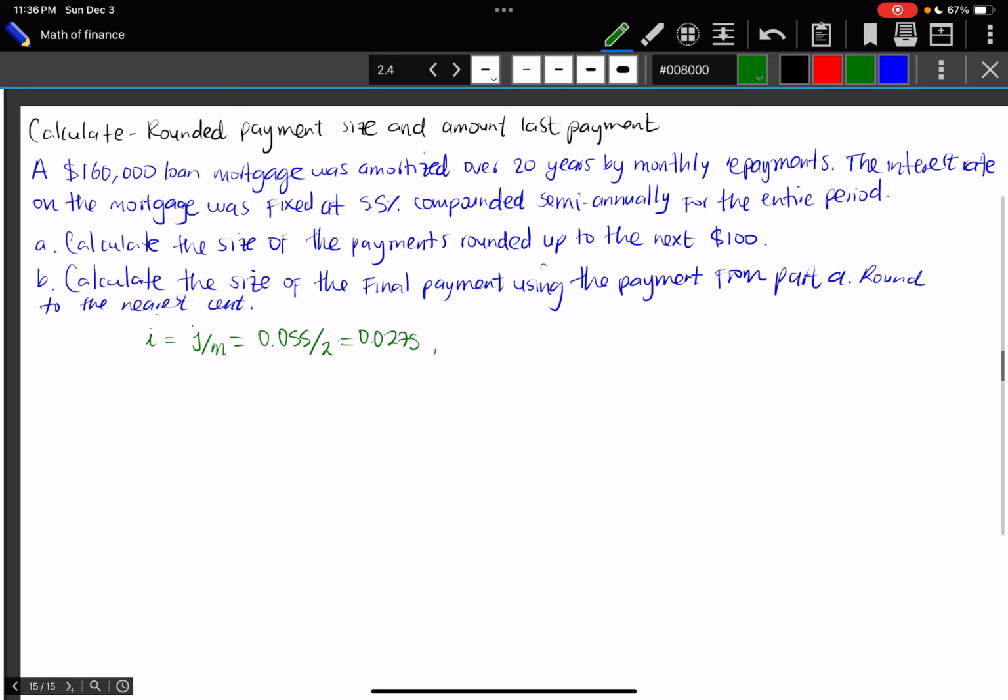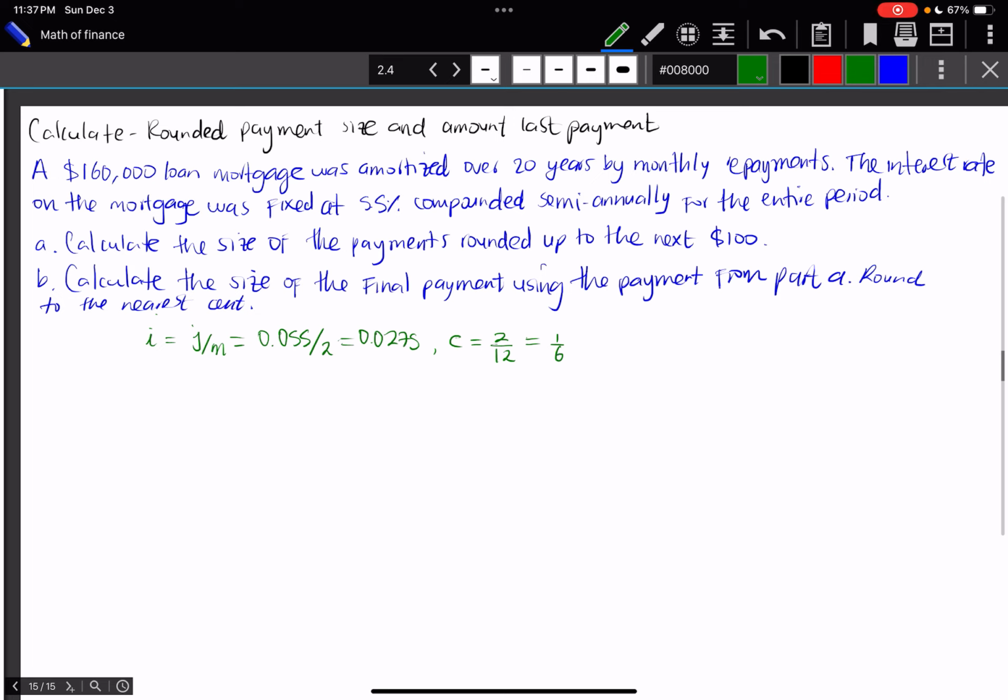So the number of compounding periods per year divided by the number of payments per year is 2 divided by 12. We have 2 compounding periods per year, and there are 12 payments per year because the payments are made monthly. So we have 1 over 6.